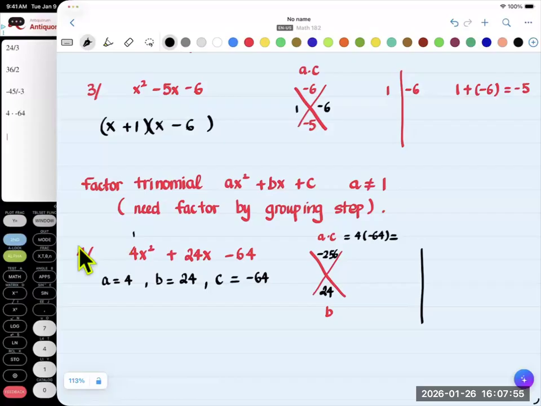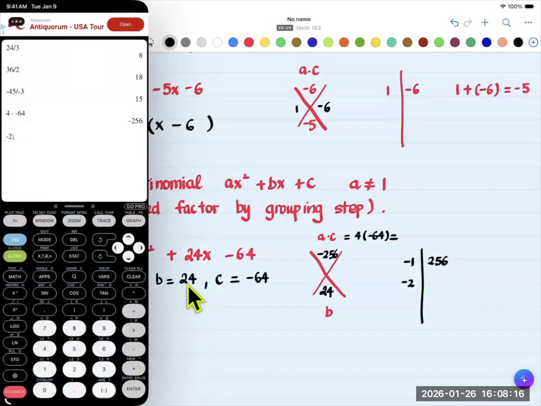And B is a positive number, so I'm going to start with negative 1. Negative 1 times 256 gives negative 256. Of course, this is not going to work, because if I add the two, it's way bigger than 24. So I move on to negative 2.